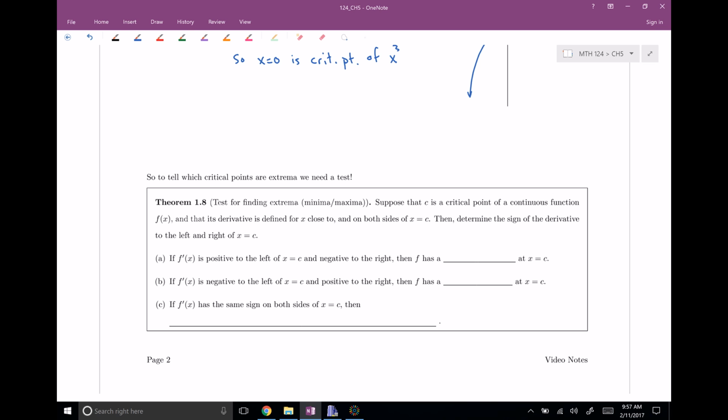But here's the kicker. Part A, if the derivative is positive to the left of x equals c, negative to the right, then f has a maximum at x equals c. If the derivative is negative to the left of x equals c, positive to the right of x equals c, then f has a minimum.